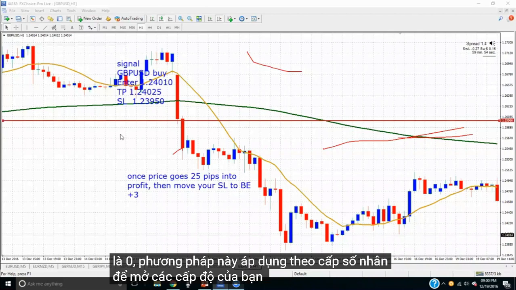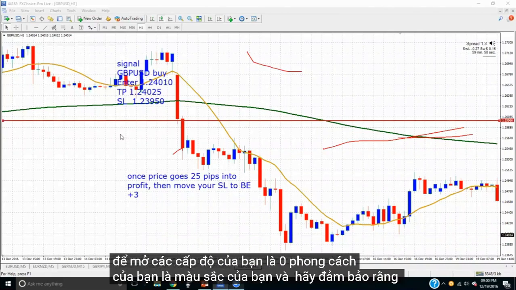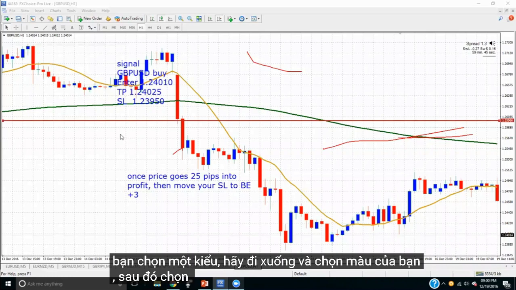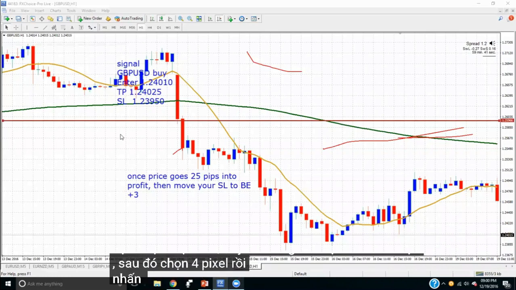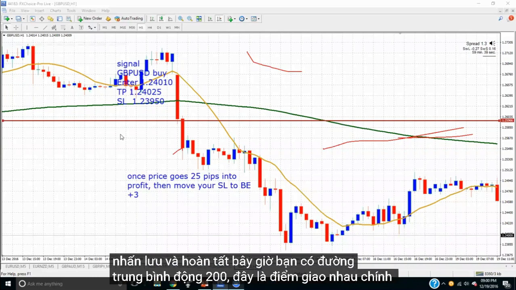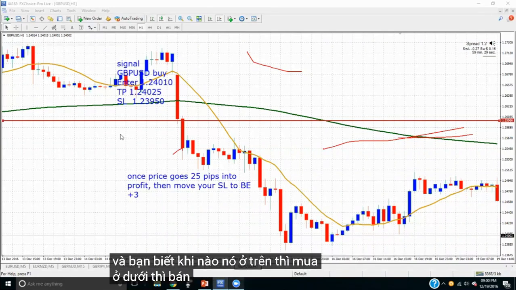Your levels are 0. Your style is your color. And make sure when you select style, go down and pick your color, and then pick 4 pixels. And then hit save and done. Now you have your 200 moving average. This is your major cross. And you know when it's above it, buy it, below it, sell.